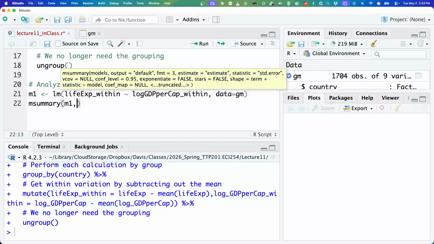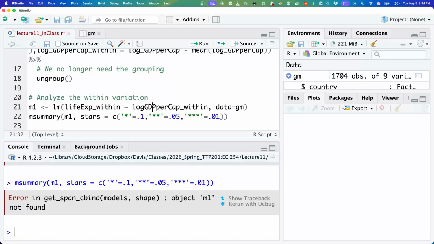So M summary is the thing that makes it a little, you get these cleaner table outputs. So I'll show what that looks like in just a second. We have to specify our significance levels. All right. So I run these 2.